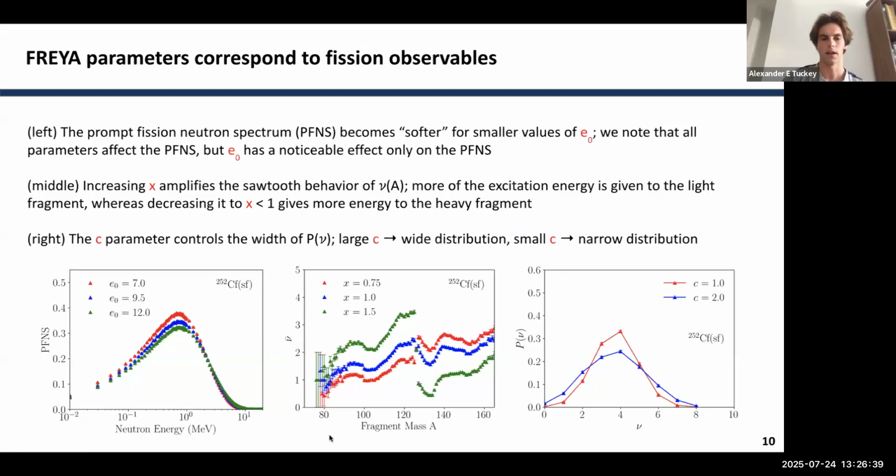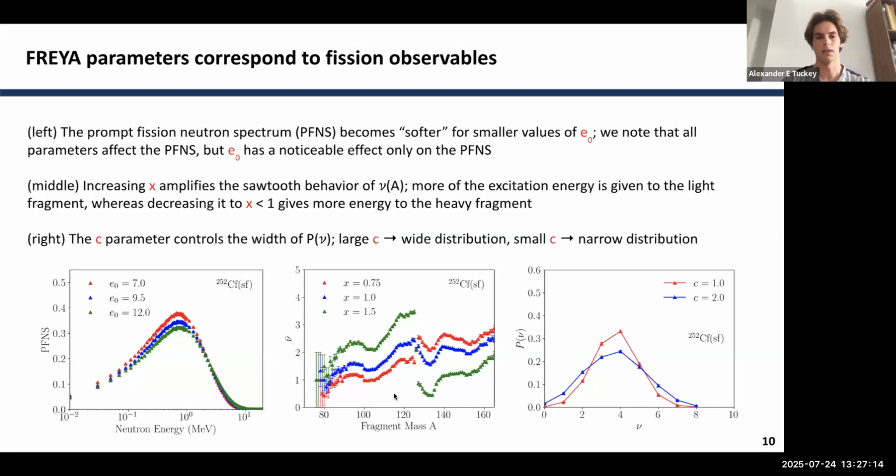In the middle plot here, I have the average neutron multiplicity as a function of fragment mass for different values of the x parameter. And you'll see that for increasing values of x, if we focus on the green points here first, the sawtooth behavior of this distribution is amplified, meaning that there's a greater difference between the number of neutrons emitted by the light fragment and heavy fragment.